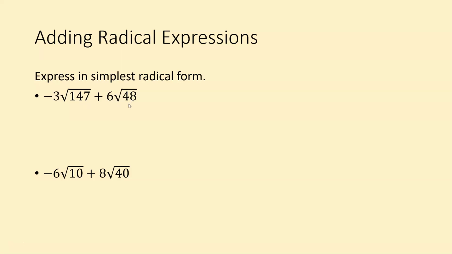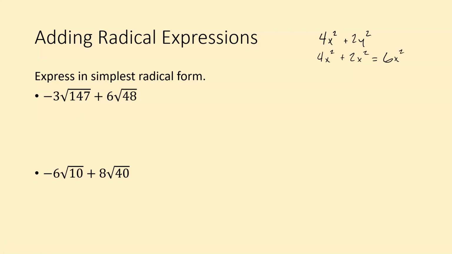They must be exactly the same in order to add them. It's kind of like combining like terms. Like 4x squared plus 2y squared, we cannot add these because they're not the same like term, but 4x squared plus 2x squared, we can add. These are like terms. We have 6x squared.